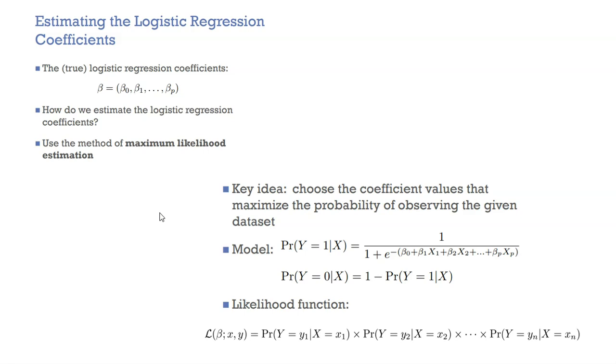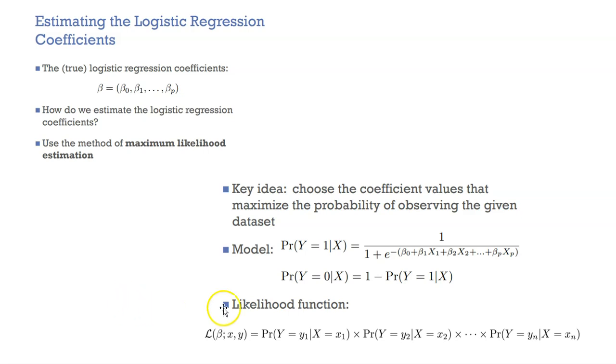As a result, we're going to have the probability of y equals 1 given a value of x, and of course the opposite, the probability of y equals 0, which is 1 minus the probability of y being 1.